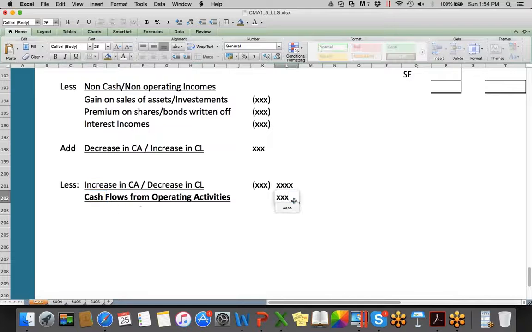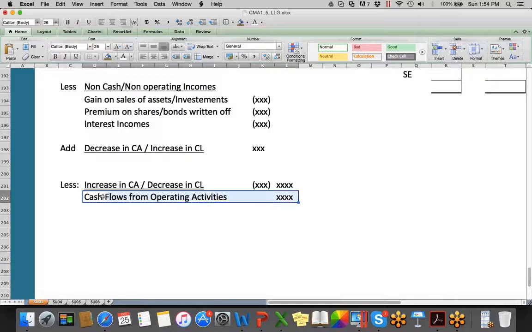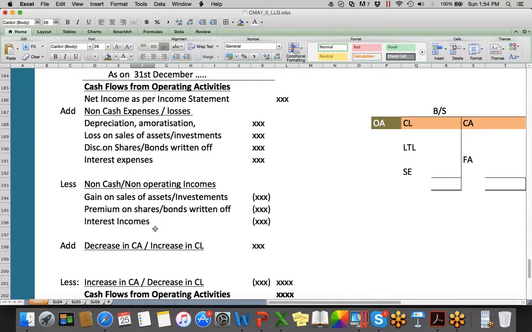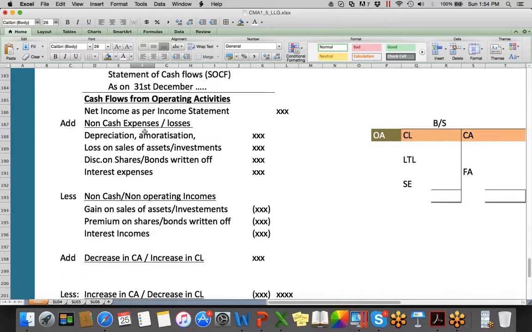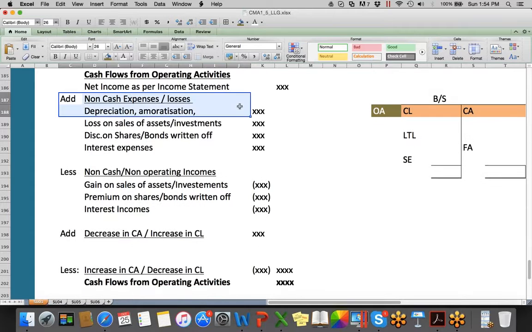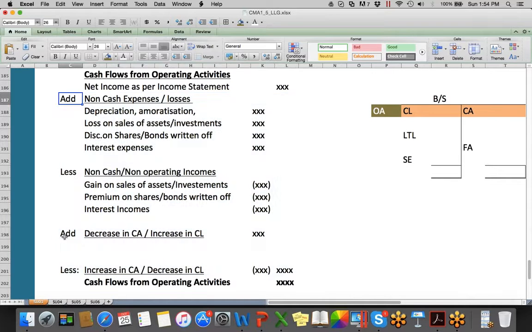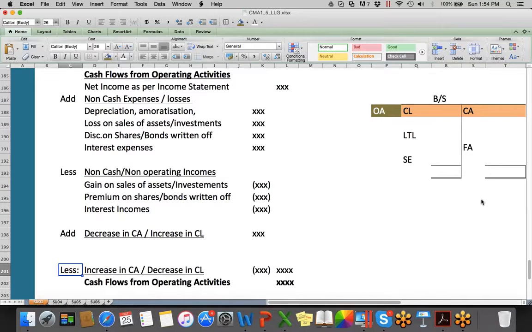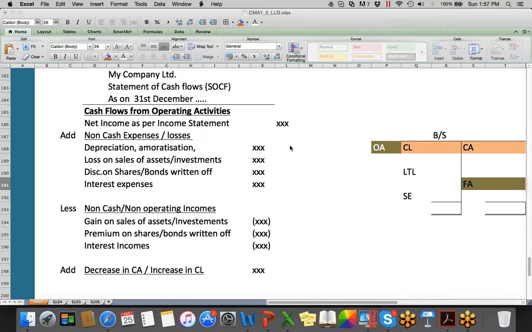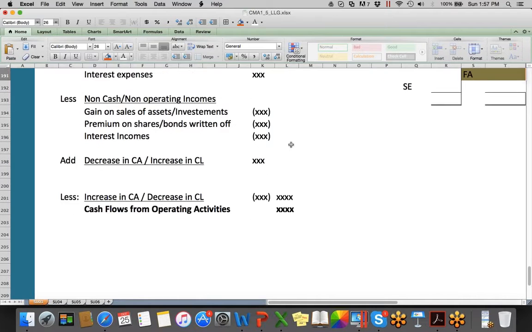So cash flows from operating activities will be here. This is the amount you will get from operating activities. So in operating activities only, you have to be very careful because you have lots of items here. Two add item sections and two less item sections. Okay.